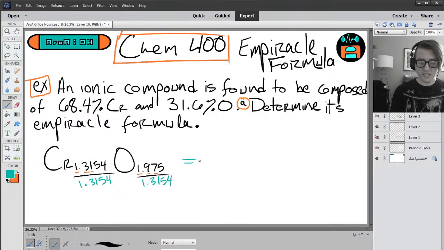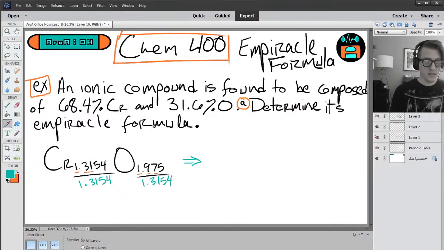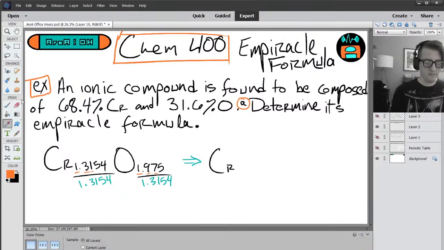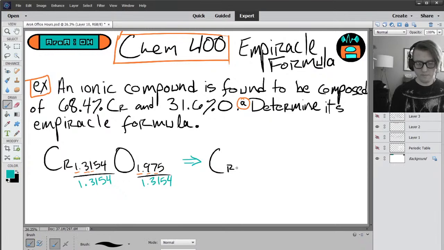Once we do that, the subscript for chromium is going to be 1, because 1.3154 divided by 1.3154 is 1.